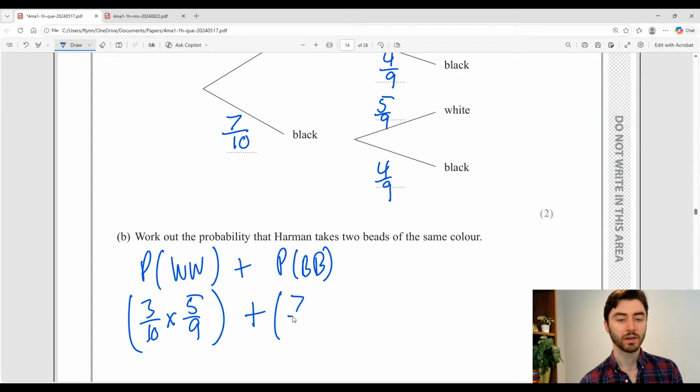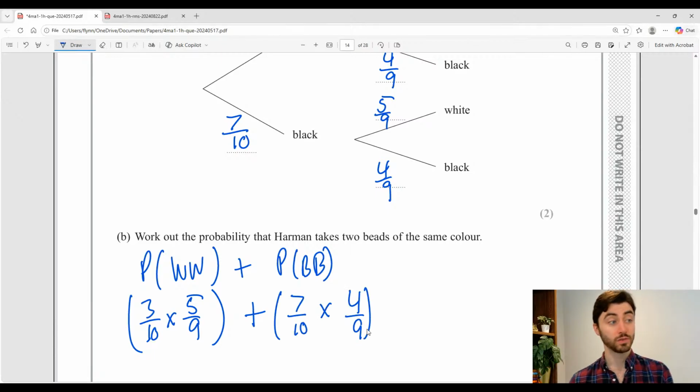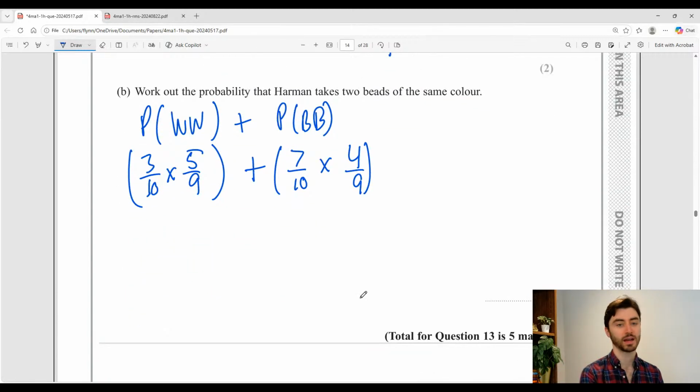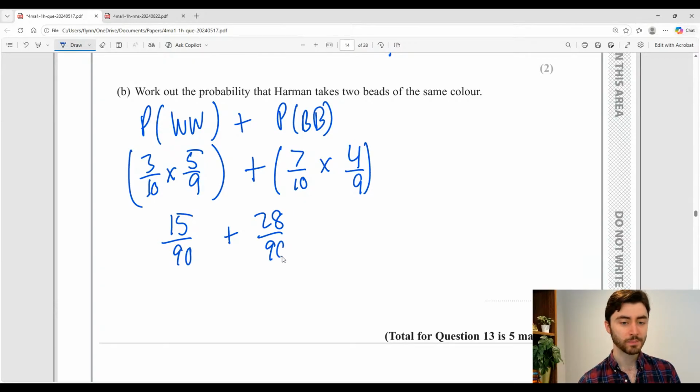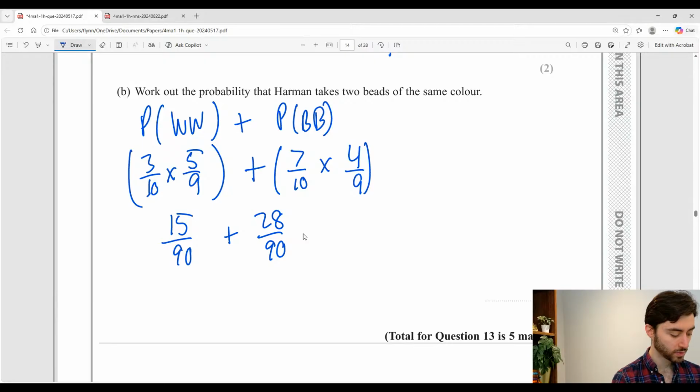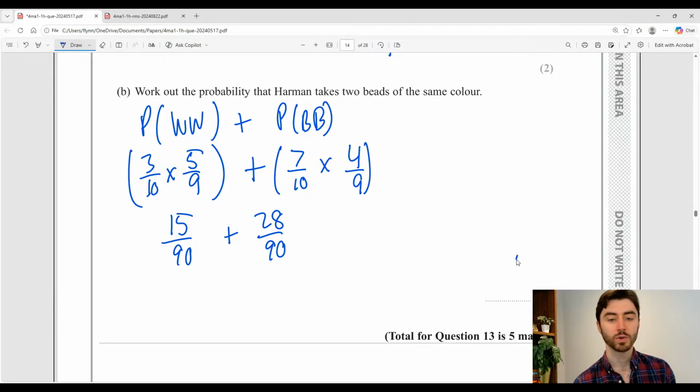Or you get a black on the first and a black on the second. So you'll notice how and means times and or means plus. So you get 15 out of 90 plus 28 out of 90. And 15 plus 28 is 43, which I will put on the answer line.